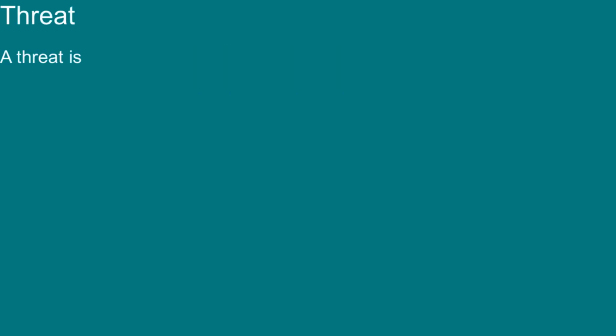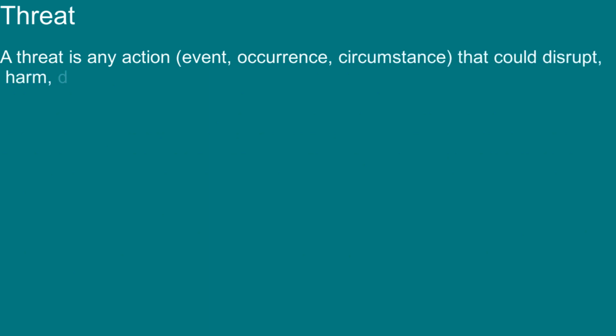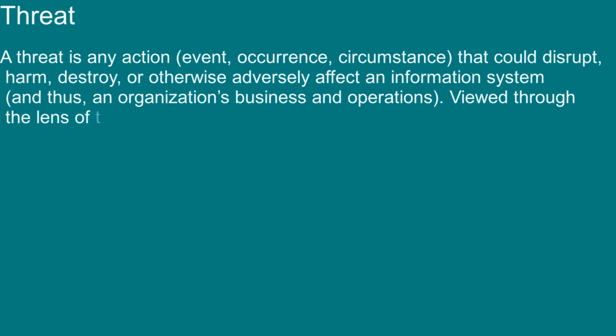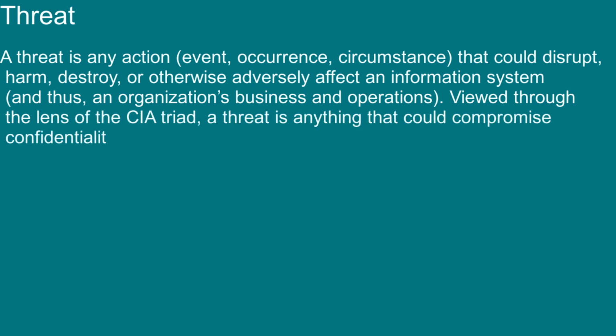Threat. A threat is any action, event, occurrence, or circumstance that could disrupt, harm, destroy, or otherwise adversely affect an information system, and thus, an organization's business and operations. Viewed through the lens of the CIA triad, a threat is anything that could compromise confidentiality, integrity, or availability of systems or data.